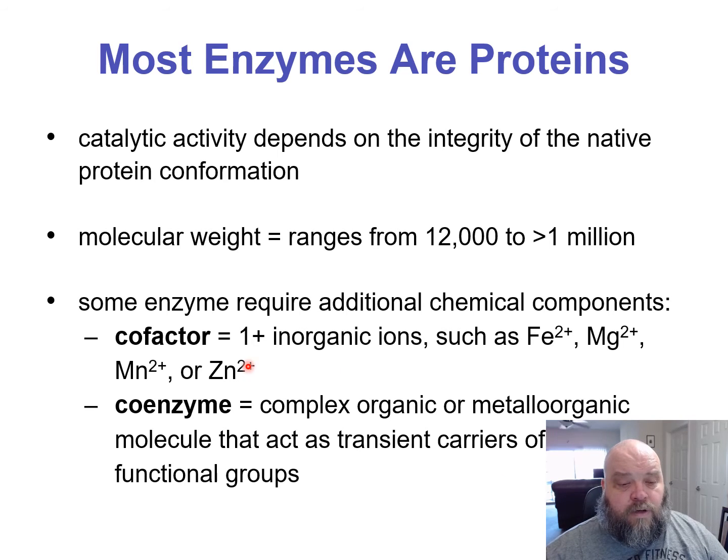In other times, you're going to see that a coenzyme is required. This is going to be a complex organic or metal organic molecule. A large protein may need a small polypeptide associated with it.